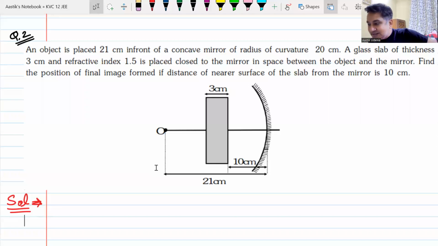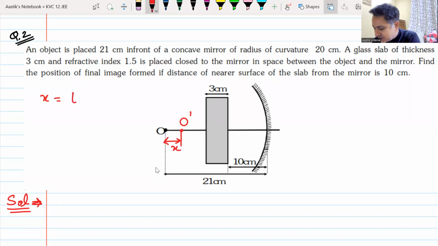First of all, we have to understand that because of the slab, it will shift. Yes or no? So this object which was here will appear somewhere here in the direction of light. It will shift by some distance x. And this x is very simple, t into 1 minus 1 by mu, and I think everything is given.